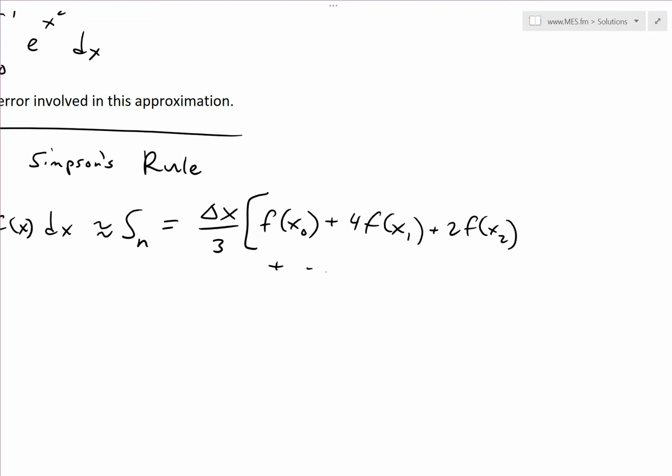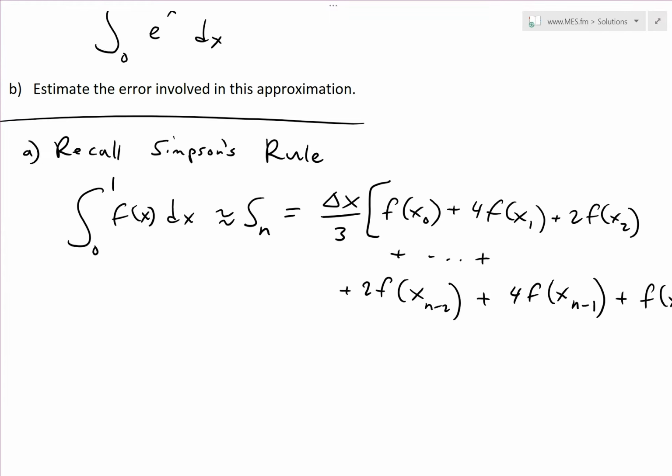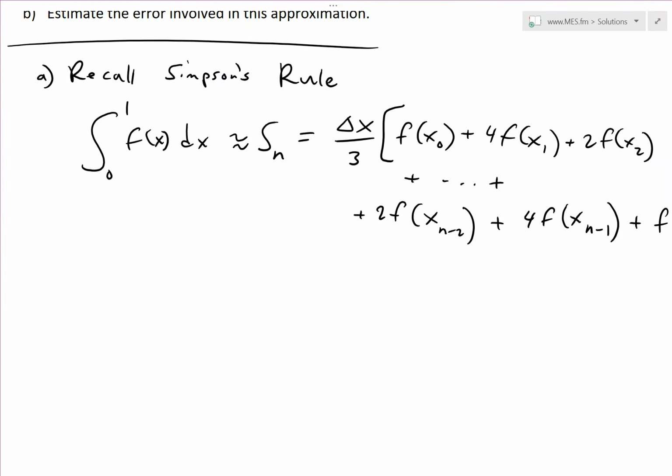You keep going until the last three terms: plus 2 f of x n minus 2, plus 4 f of x n minus 1, and then plus the last one by itself, f of x n. You can see the proof and derivation in my earlier video on Simpson's rule.